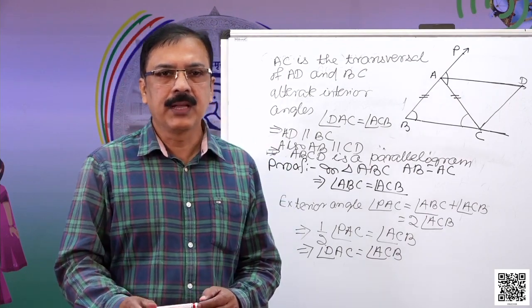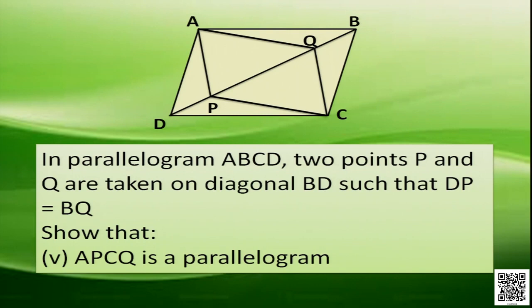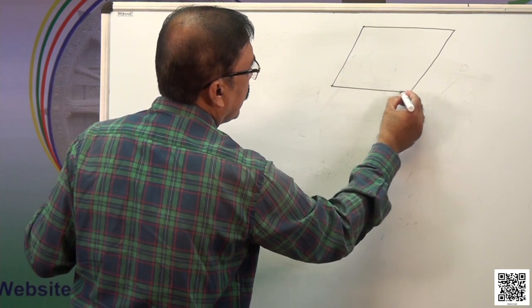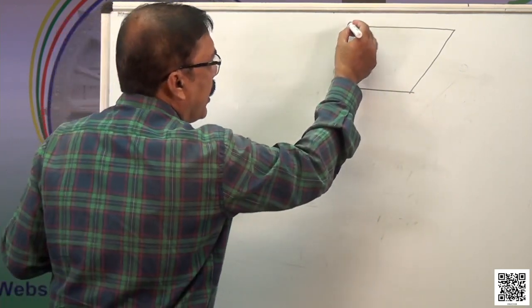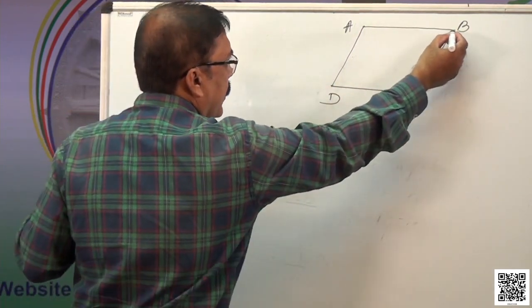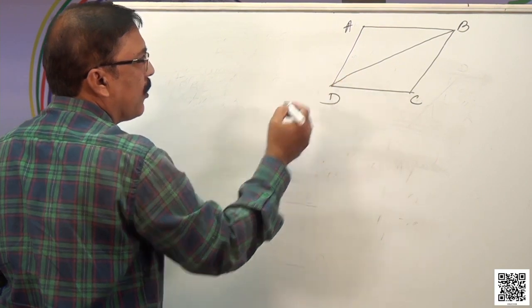Here in this figure, ABCD is a parallelogram. 2 points P and Q are taken on diagonal BD such that DP is equal to BQ. Show that APCQ is a parallelogram. Now you see, here ABCD is a parallelogram and BD is the diagonal.